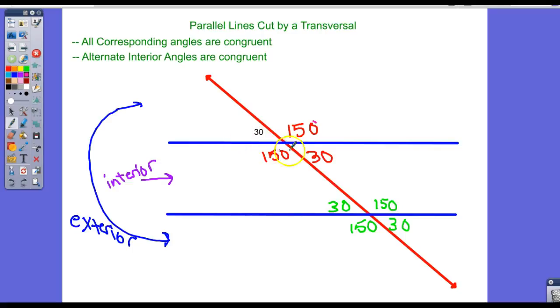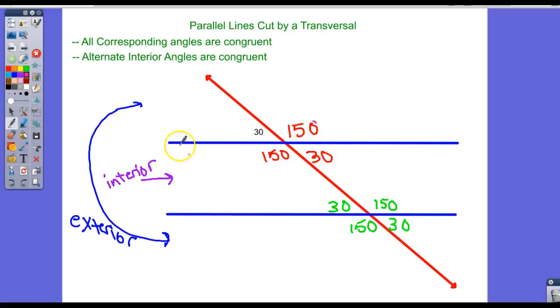What about the exterior then? We're just talking about these guys that are on the outside. How do these on the outside compare to these on the outside? Well, it has a very similar relationship to the ones on the inside. Since they're all linear pairs, they're just going to be the opposite linear pair of each other, right? So I've got 30 degrees here, and on the other exterior, on the opposite side, I have 30 degrees again. I have 150 here. On the other exterior, on the opposite side, I have 150 again.